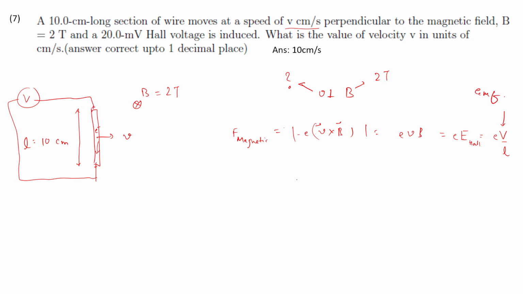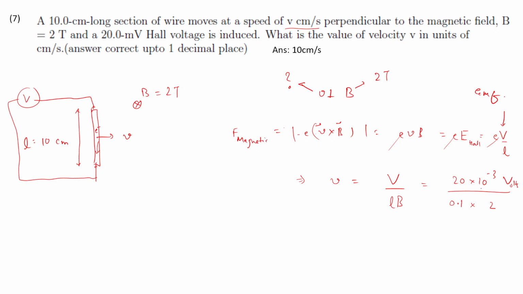Okay, so now what we have to find is the velocity. So the electron charge will cancel, and the velocity will be V over L B. So now you have all the values. V is 20 millivolt, so 10 to the power minus 3 volt. You have to take care of the units, okay, the volts, and length is 10 centimeter, which is 0.1 meter, and B is 2 Tesla. It is already in SI unit.